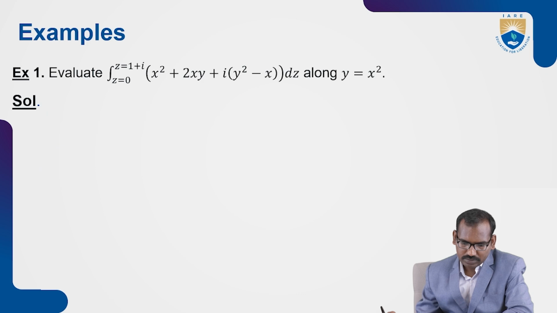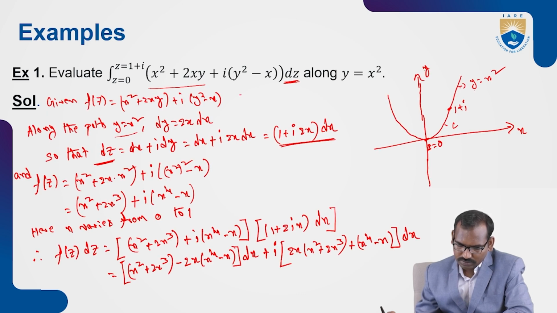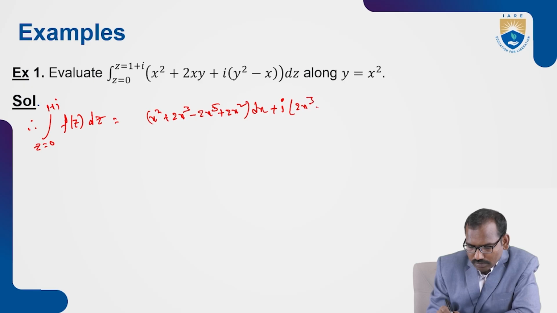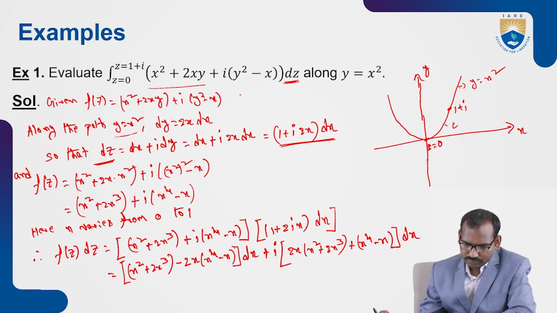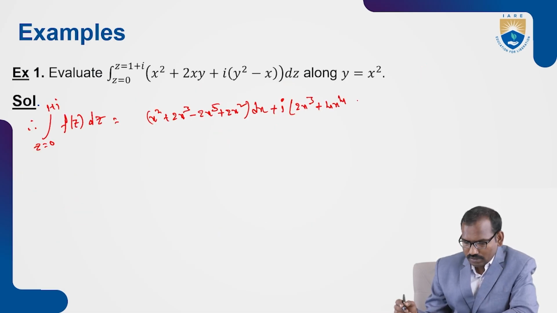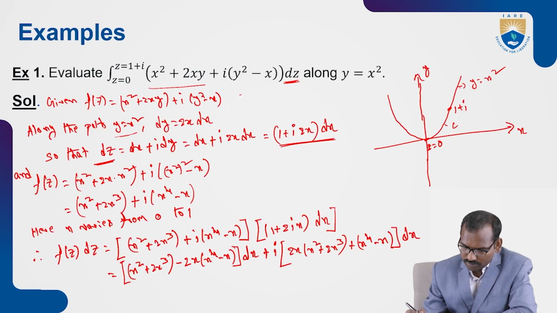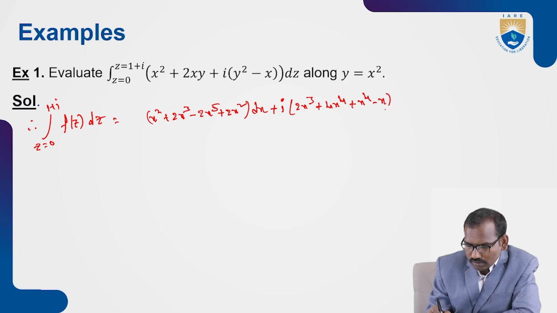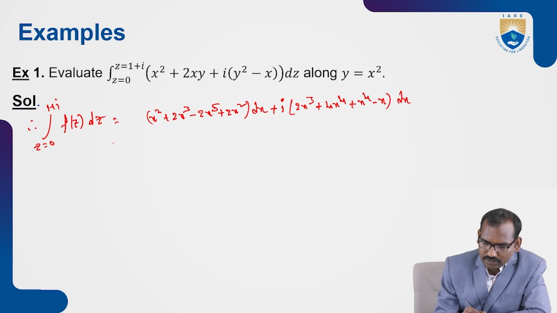So here you will see how much it is: 2x square plus 2x cube plus 4x to the power 4, then x to the power 4 minus x, minus x dx.